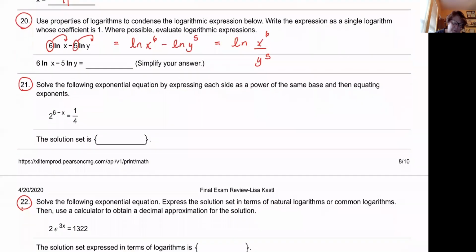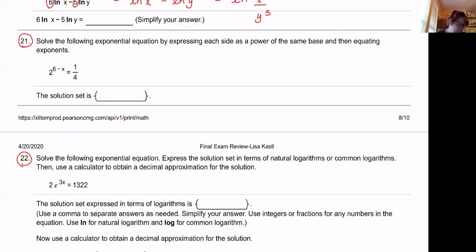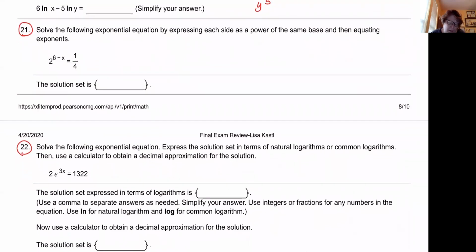All right, problem 21. Solve the following exponential equation by expressing each side as a power of the same base and then equating those exponents. So you need to write the 1/4 as 2 to the something. All right, so what is it? Well, it's 1 over 2 squared. 4 is 2 times 2.